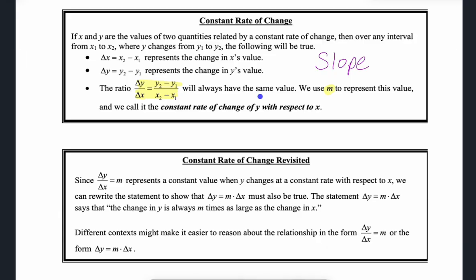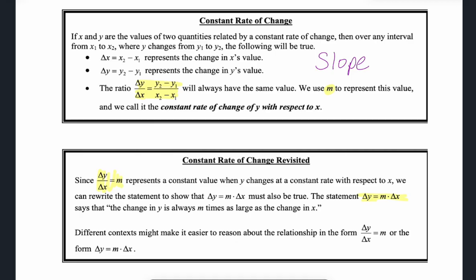Y will be our dependent variable. With respect to means it's dependent upon the x that we have chosen, okay? And then here they've just kind of told you a little bit more about that concept. I noticed this, they rearranged to find the change in y.